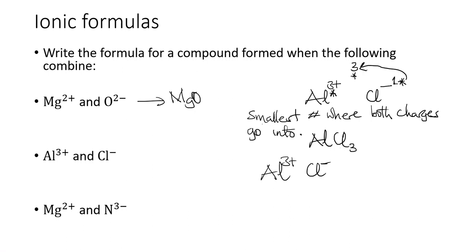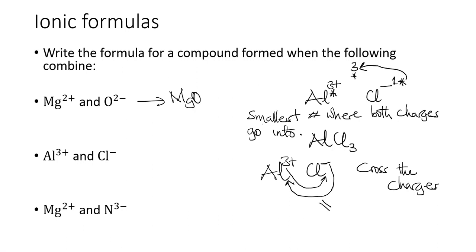So what we do is we cross the charges. We take the 3 from aluminum and put it down here, and the 1 from chlorine and put it down here.